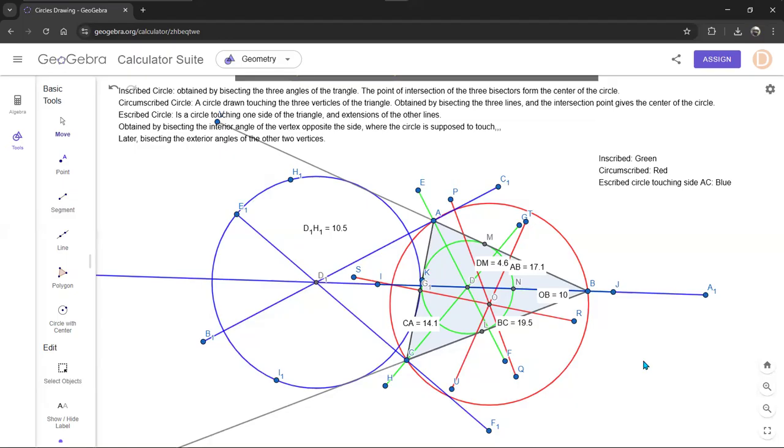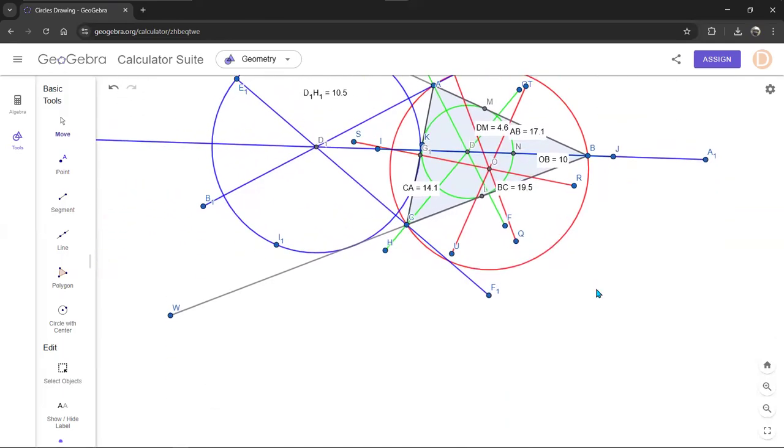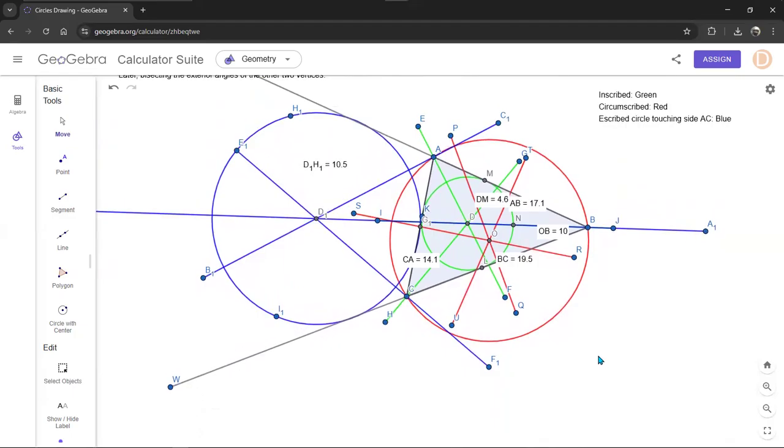So maybe just touching on this complex part, as I said, now you can see how easy it is. Just that the instructions may seem a little bit frightening. So I don't know if I can get a new triangle so that we can just draw the Escribed circle only, without now considering the inscribed and the circumscribed.